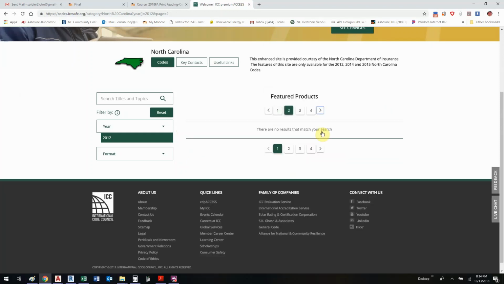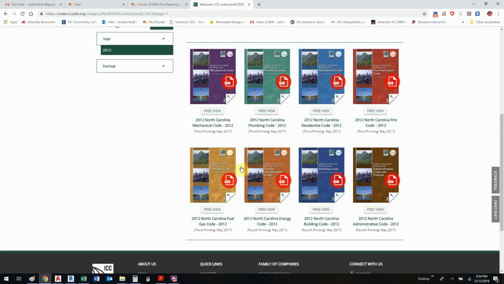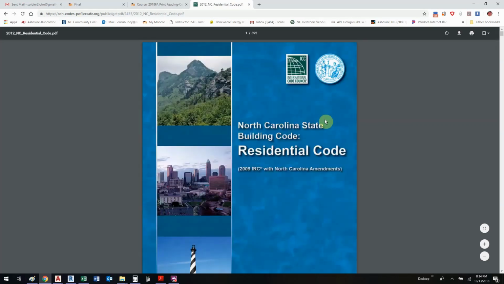That is just going to keep popping up, isn't it? Let's see here, what else we got. Nothing. This is making me mad. Oh, there we go. All right, so free view on the 2012 Residential Building Code. I don't know why it's taking us so long. They change that thing every so often, and it gets worse every time. So I'm going to hit Control F, and that brings up a find.